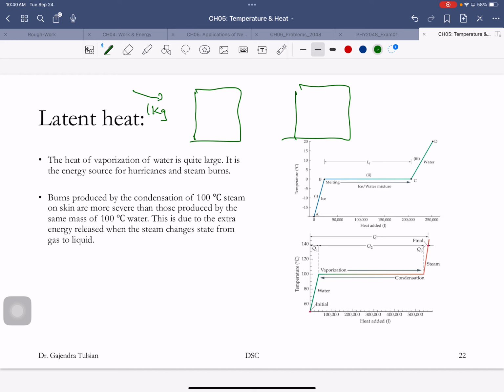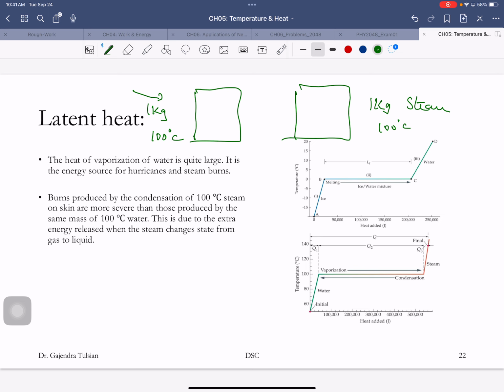Here, I'm going to throw 1 kg of hot water at 100 degrees Celsius, or I'm going to spray you with 1 kg of steam at 100 degrees Celsius. I mean, you don't want either one of them happening to you, but which would you rather if you had to choose between one of the two?